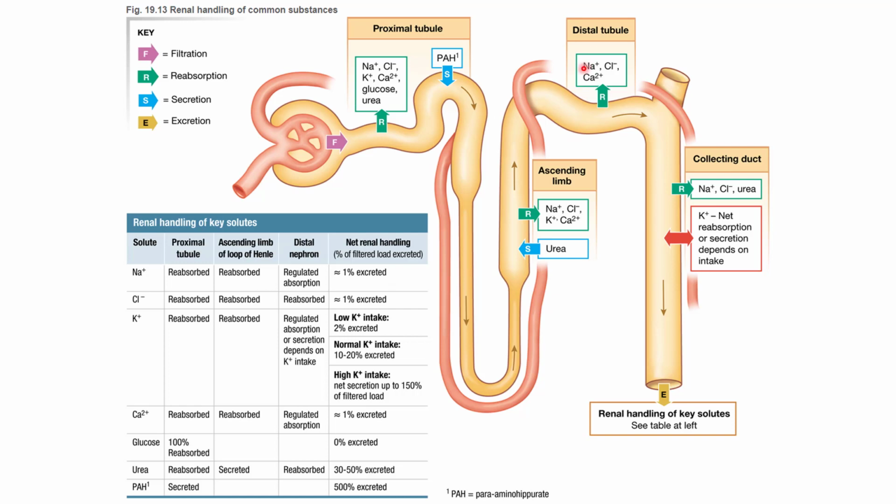For calcium, it's going to occur in the distal tubule. For our potassium, it's going to occur in the distal tubule and collecting ducts, where we're going to have most of it occurring.